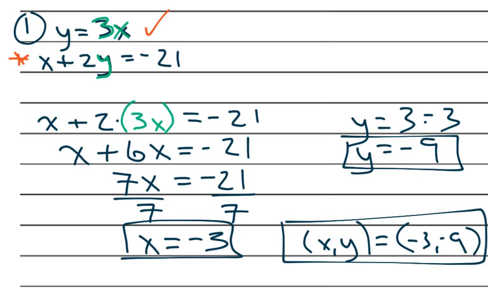And then here when I plug in negative 3, and I'm writing this in red because the goal is to do as much of this in your head as possible. Here I am plugging in the values, and if I did negative 3 plus 2 times negative 9, that's the same as negative 3 minus 18, and that does give me negative 21. So our answer checks out in both of these.